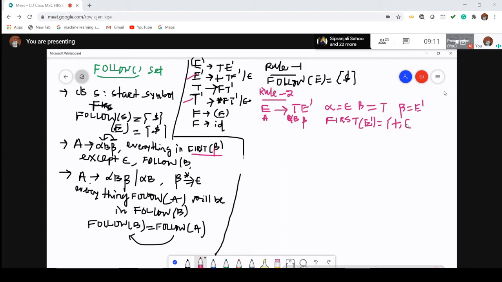All the elements present in first of E dash except epsilon will be in follow of B, where B equals T here. So follow of T equals only plus, since I have removed epsilon. So this production is completed. Next production is T to F T dash.